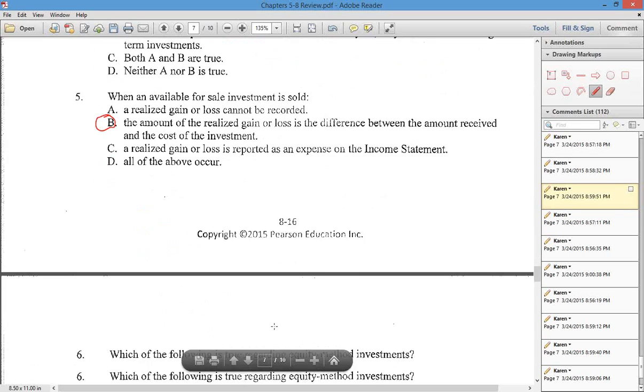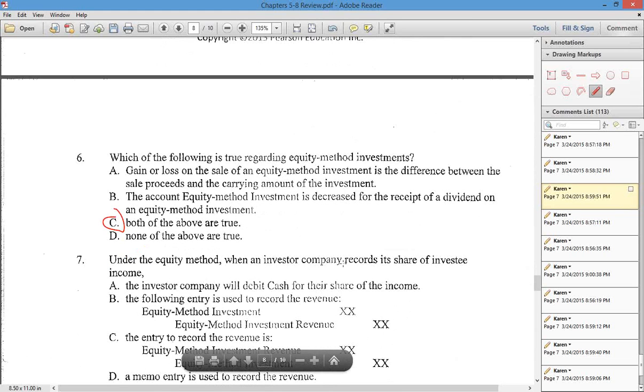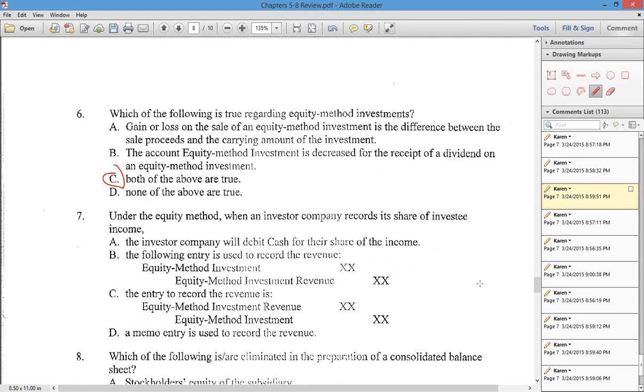Okay, that's definition 2. Which of the following is true regarding equity method? Another definition question. Both of the above are true. Under the equity method, when the investor company records its share of investee, how is that recorded?